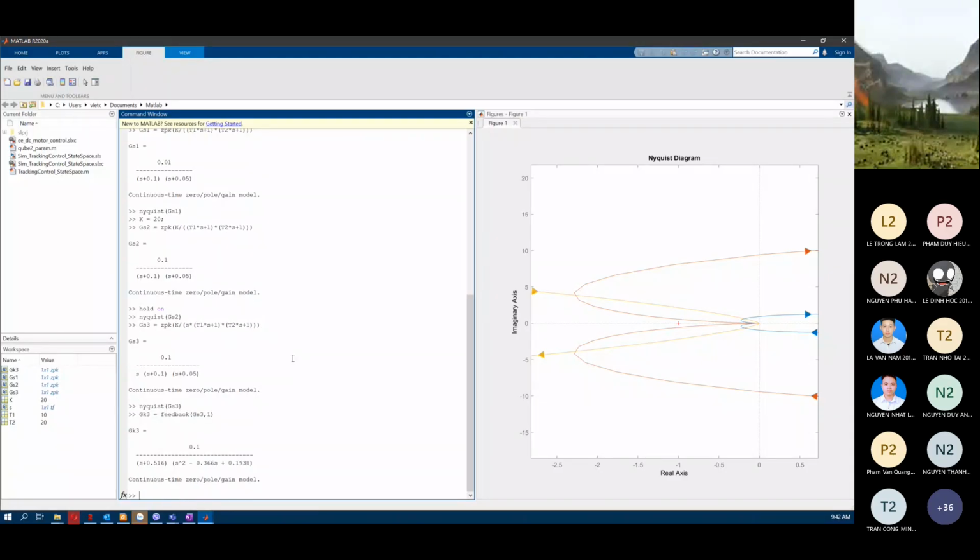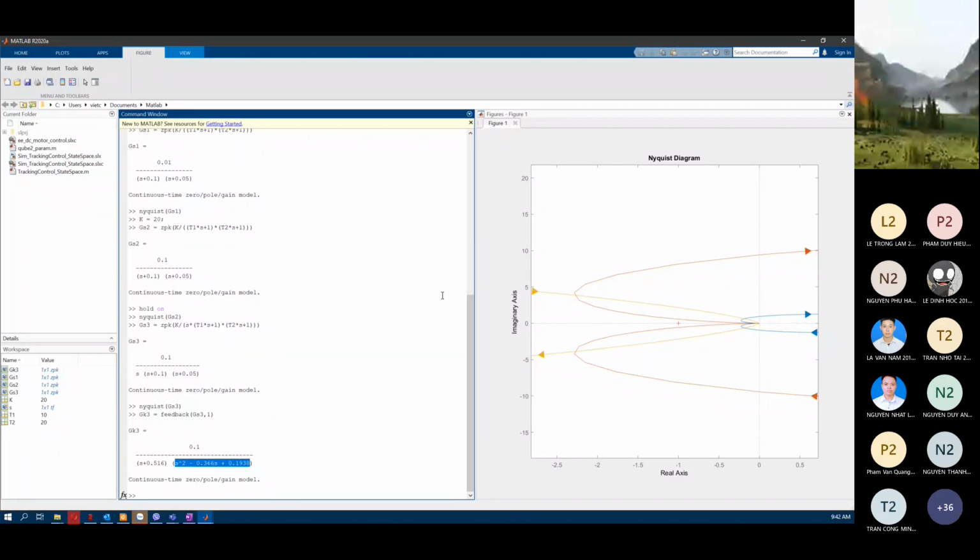Yes, and we see very clearly that GK3 has poles in the positive half of the S-plane.